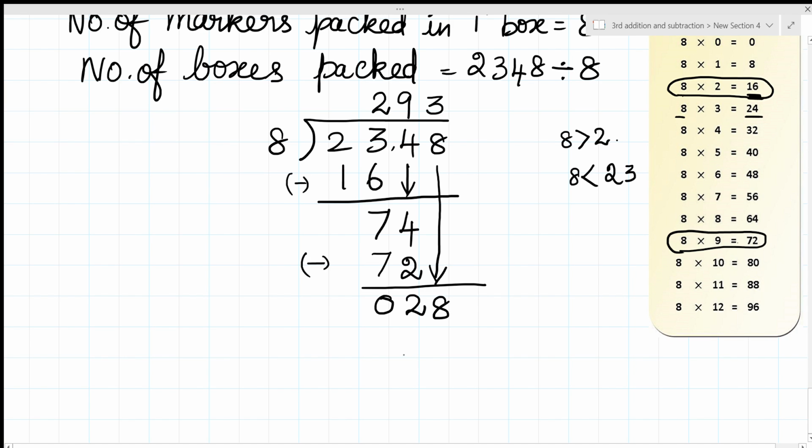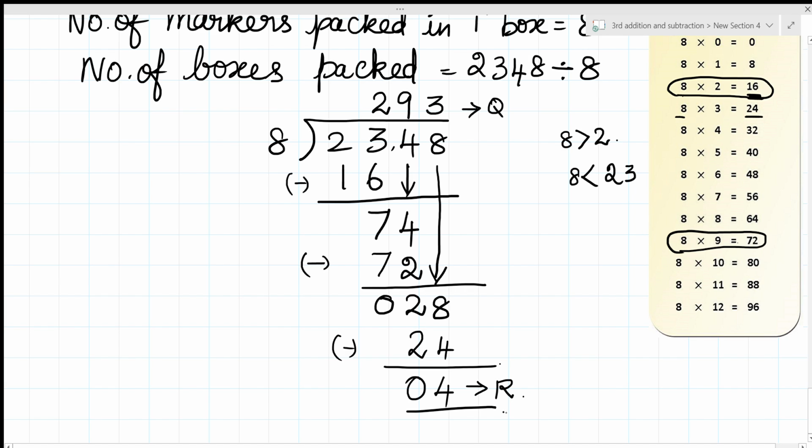Write 3 in the quotient. 24 below the number. Now subtract the numbers. 8 minus 4 is 4. And 2 minus 2, 0. Now the quotient is 293 and the remainder is 4.